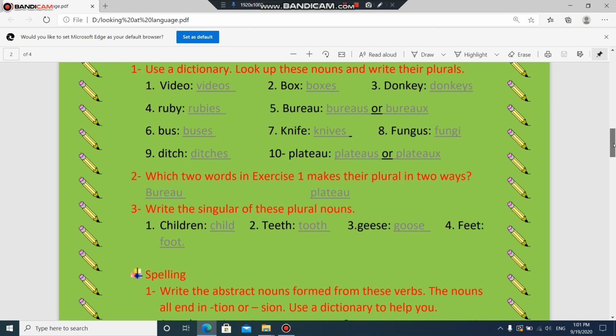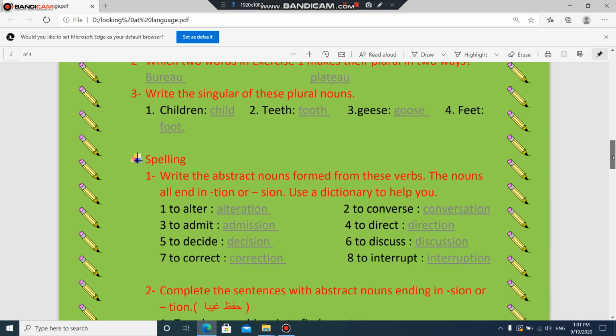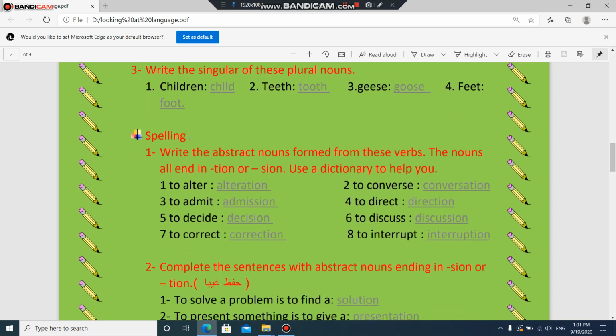Okay guys. Now, section number 2, we have spelling. It says write the abstract nouns formed from these verbs. The nouns all end in tion or sion. Use a dictionary to help you. Guys, there is no rule for this, so you have to memorize. Again, these you need to memorize.